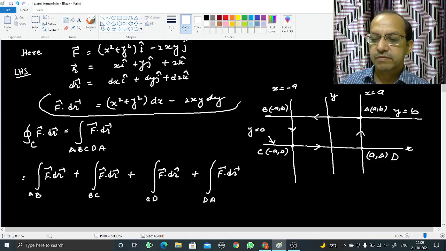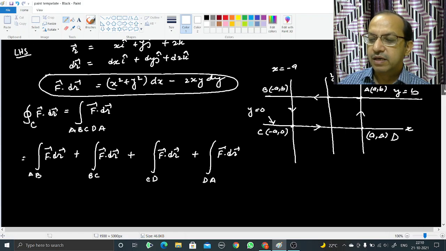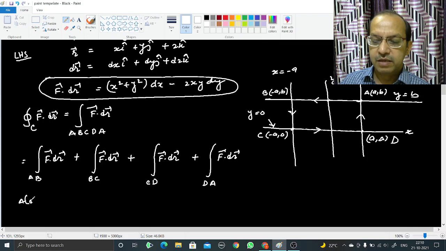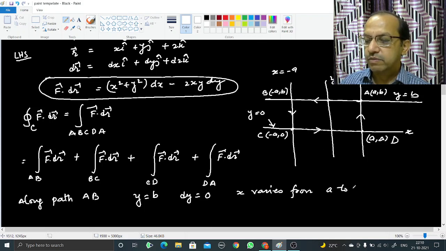Now along path AB. AB is a straight line which is parallel to the x-axis. That means y equal to b is the equation, so dy will be equal to 0 and x varies from a to minus a.